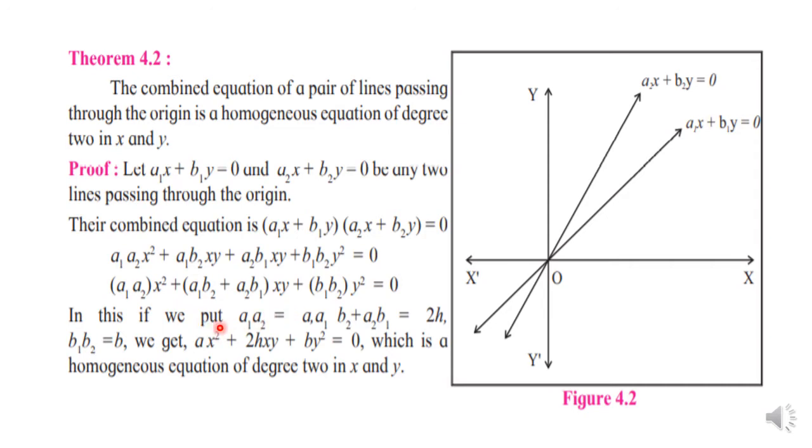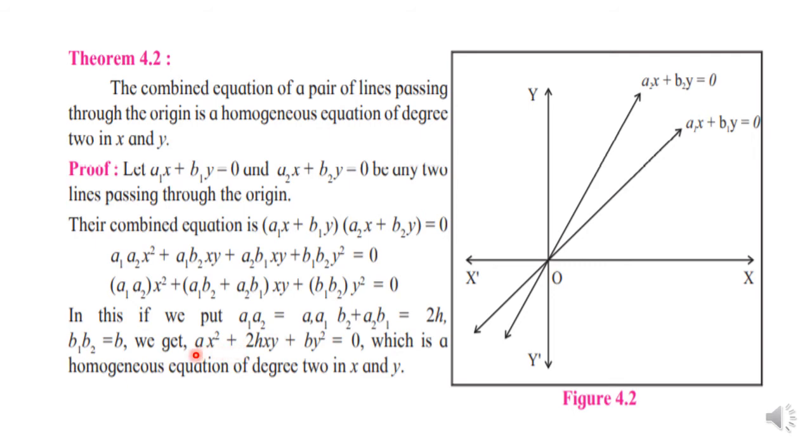Now in this particular equation, we can simplify this further by putting a1 a2 as a, the term a1 b2 plus a2 b1 in the bracket as 2h, and similarly the third term, that is b1 b2, as b in general.